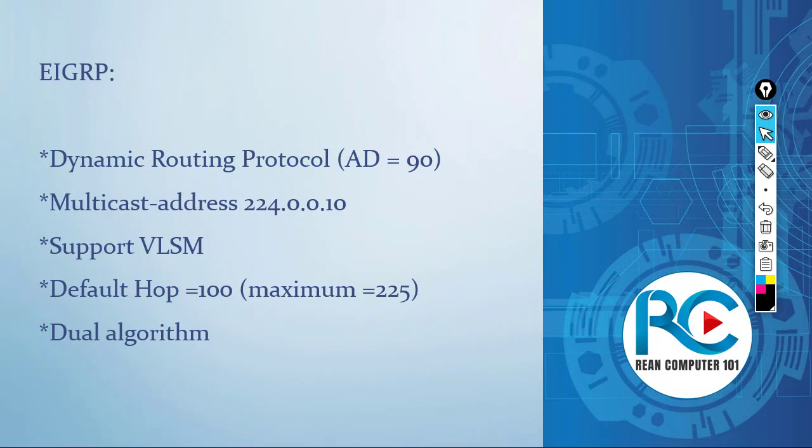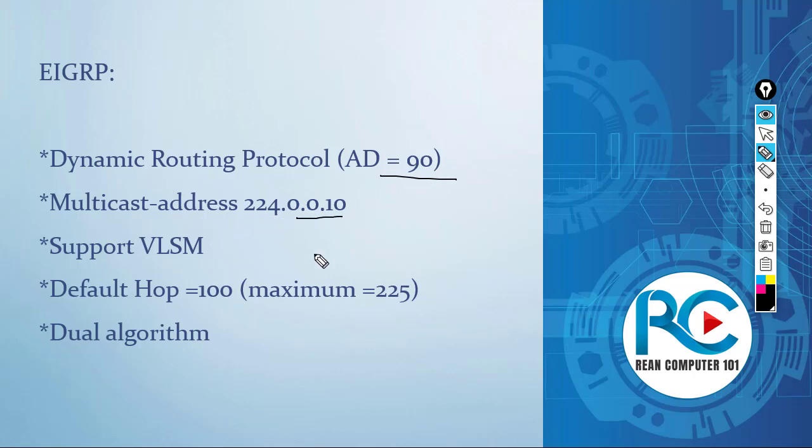So EIGRP is a dynamic routing protocol. It dynamically learns the neighbor by itself and also dynamically updates the route to its neighbor. It has an AD of 90 here. It's different from RIP, the Routing Information Protocol, which has an AD of 120.